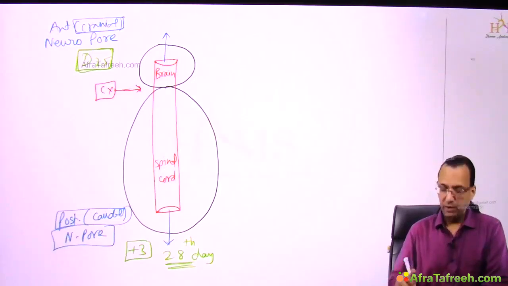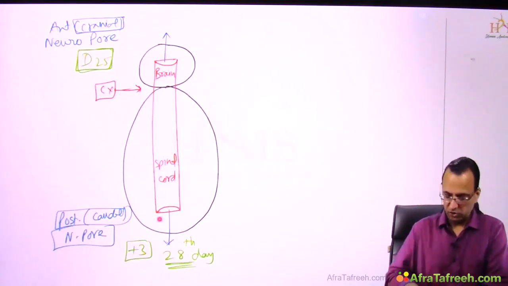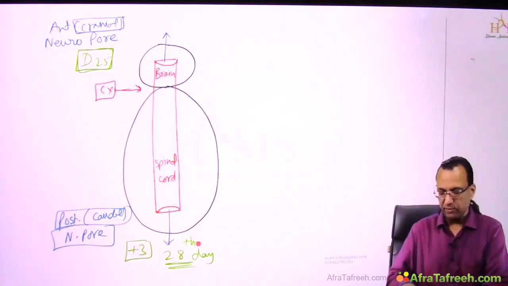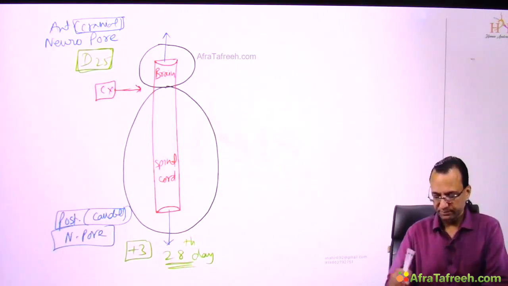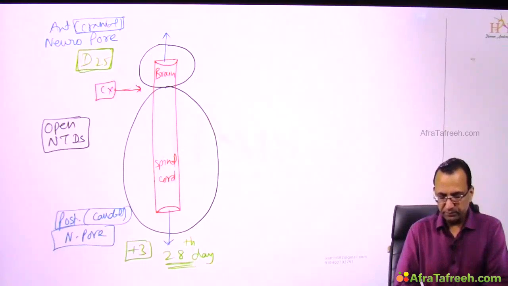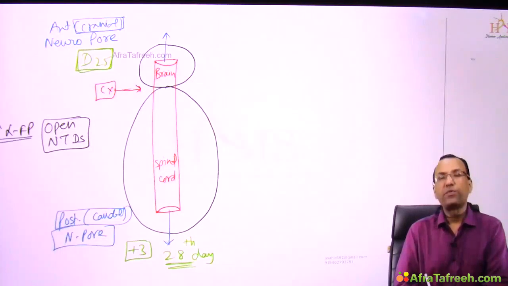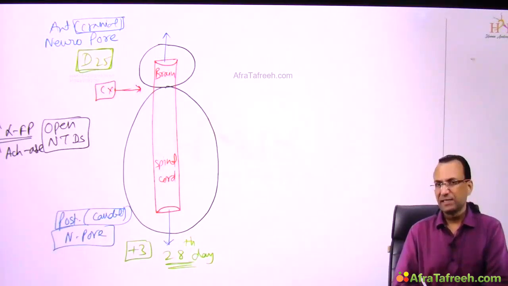And what if the anterior neuropore is not closing by day number 25, or if the posterior neuropore is not closing after 3 days, that is day number 28? Then there will be open neural tube defects. When you're talking about open neural tube defects, you will find the mother is having high levels of alpha-fetoprotein, and also high levels of acetylcholinesterase enzyme.